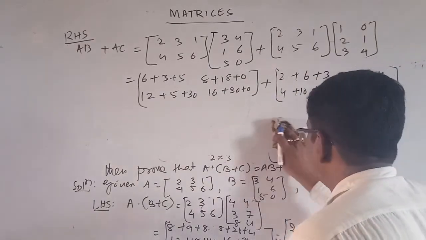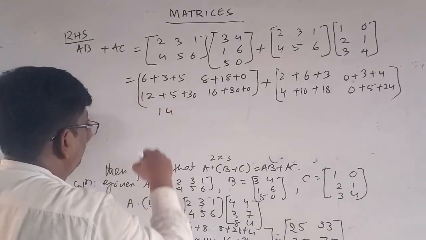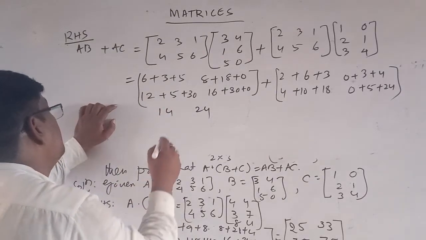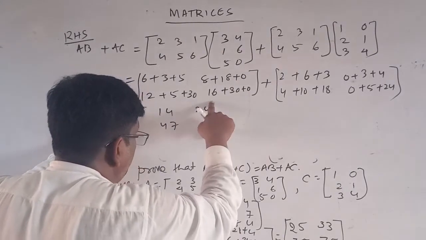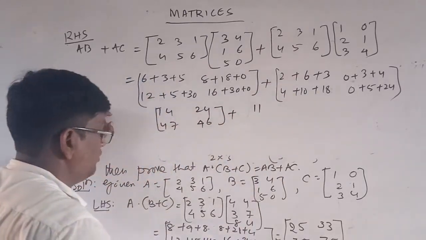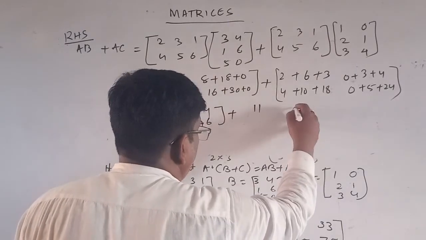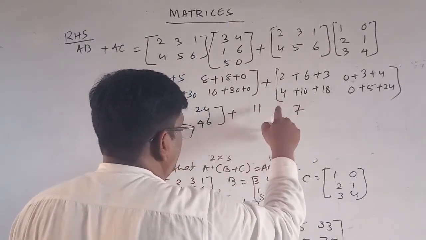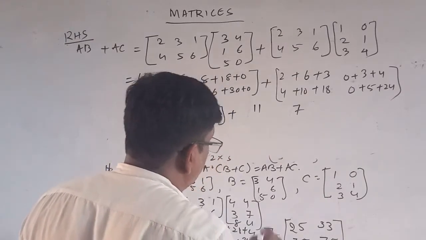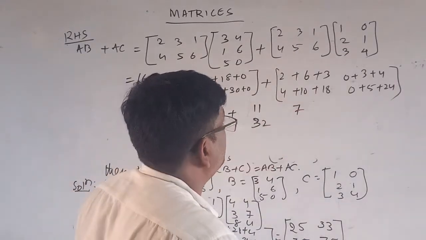So now this is equal to what? 6 plus 3, 9, 14, 24, and 17, 12 plus 5, 17, that is 47, and this is 16 plus 30, 46, plus 8, 11, and this is 14 plus 8, 32, 14 plus 18, 32, 29.